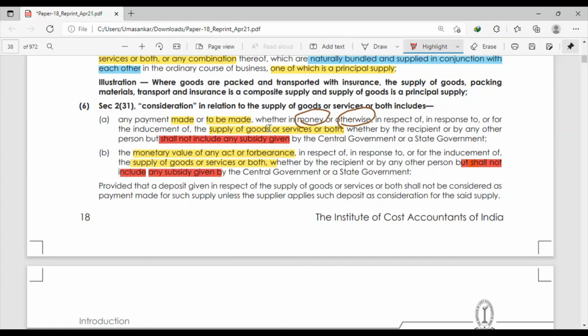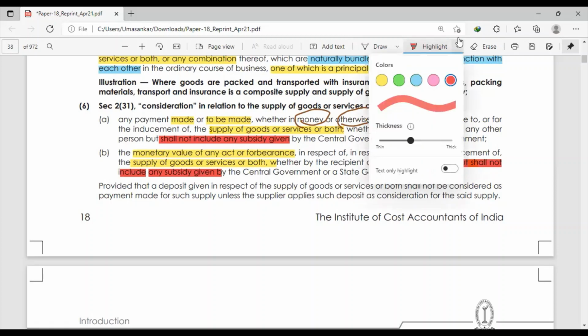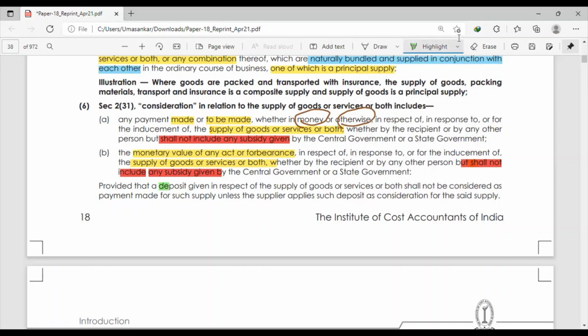Now, provided that a deposit, suppose you have given any advance or deposit, is considered for computing the consideration amount. A deposit you can consider as advance or security money. A deposit given in respect of any supply of goods or services or both shall not be considered as a payment made for supply unless the supplier applies such deposit as consideration.